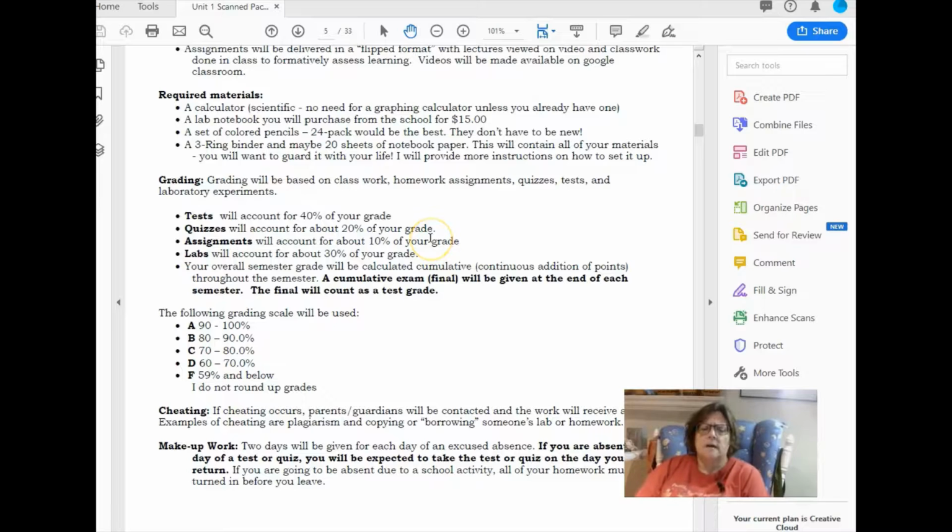Talking about tests, I have found that doing test retakes doesn't usually make much of a difference. I'm going to allow test retakes, but only if you completed the review and the entire unit packet that you get before you take the test. You'll do that over the few weeks before the test. If that is complete, then I will consider a retake.